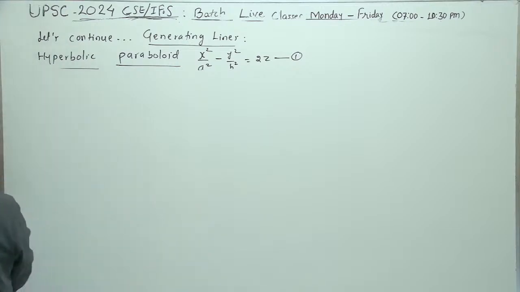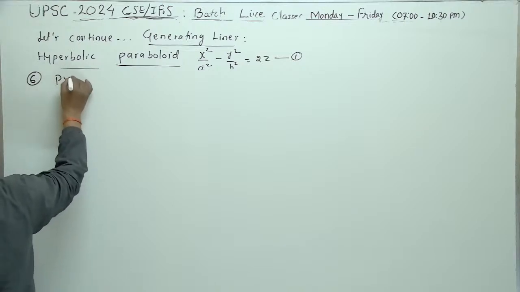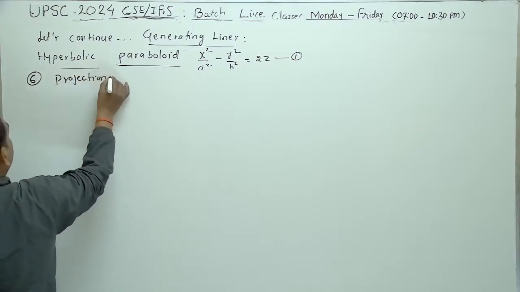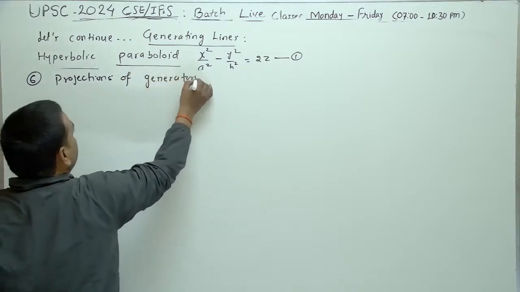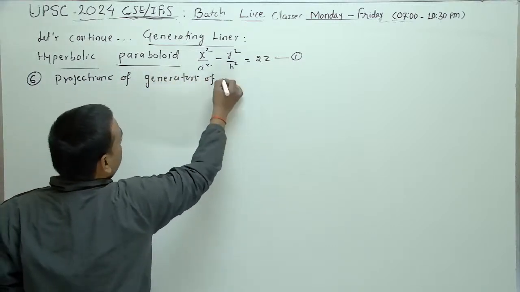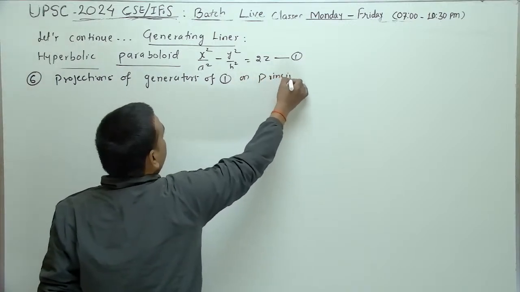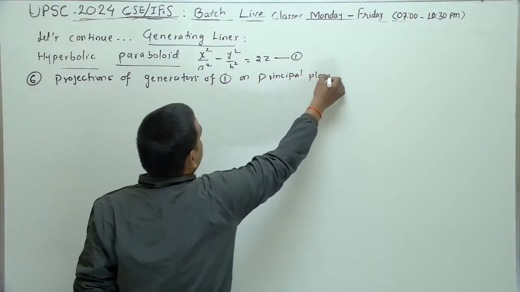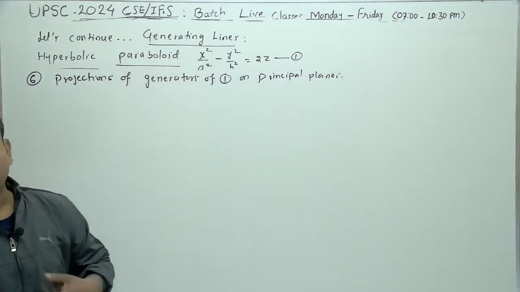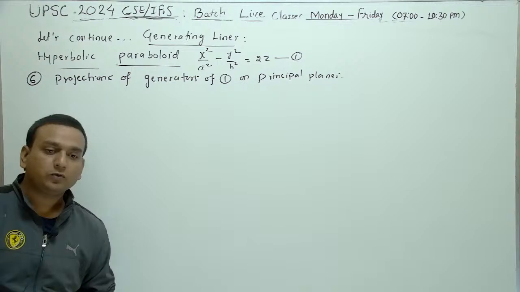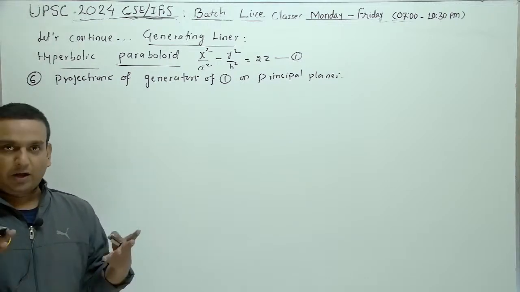So the next article is projections of generators of the paraboloid on principal planes, right? For example, we can go for z equals 0. For example, we can discuss for x equals 0. We can discuss for y equals 0. Not an issue at all.